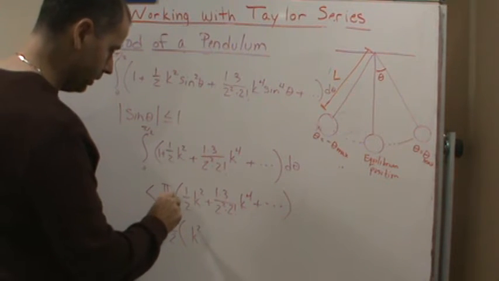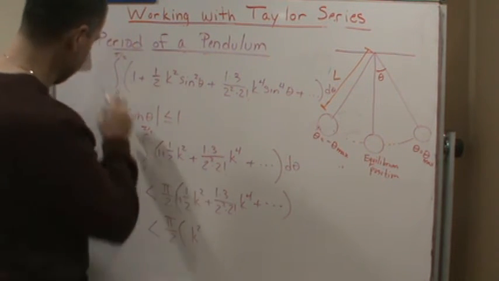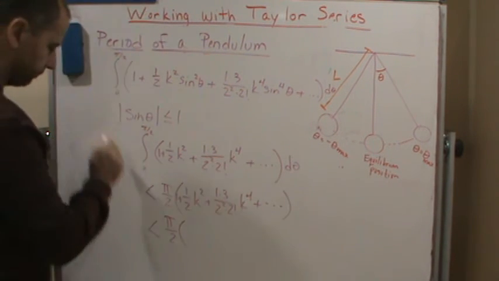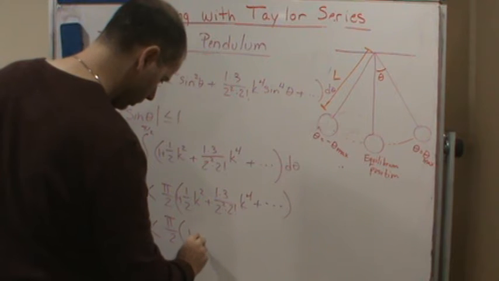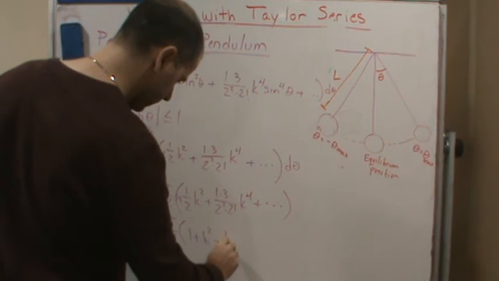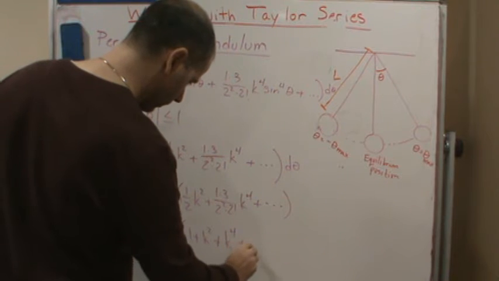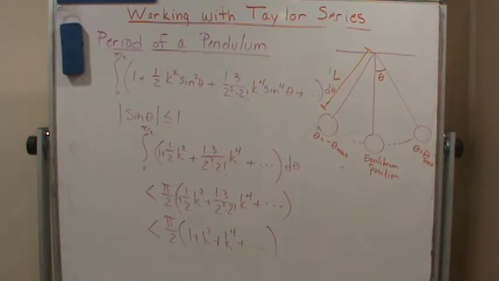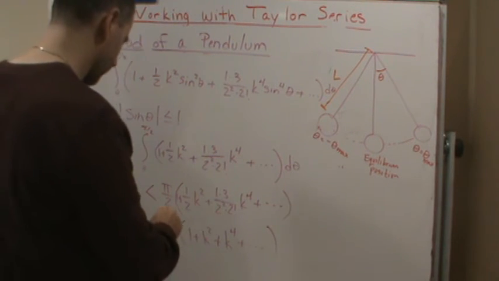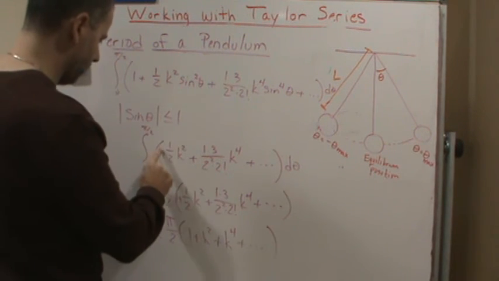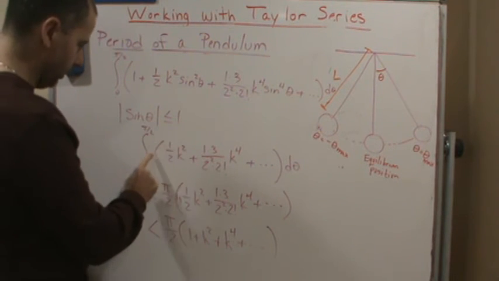1 plus k squared plus k to the 4th, and so on. I'm sorry, we took out the 1 here.